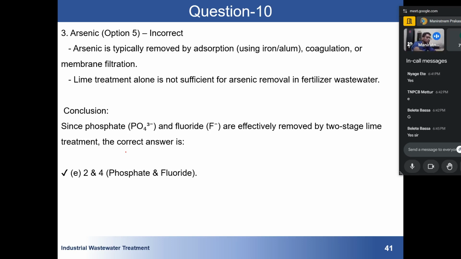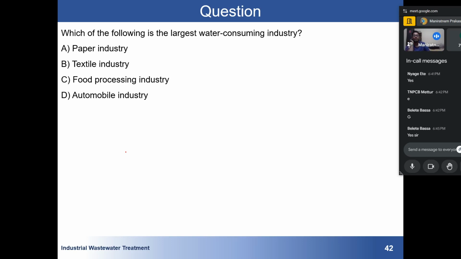Coming to the next question, which of the following is the largest water consuming industry? B, textile industry.